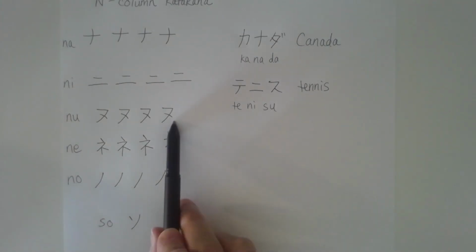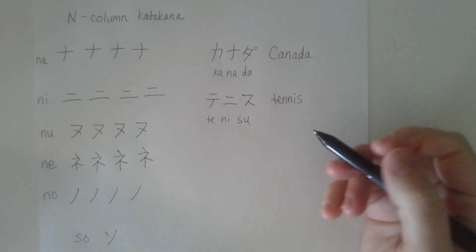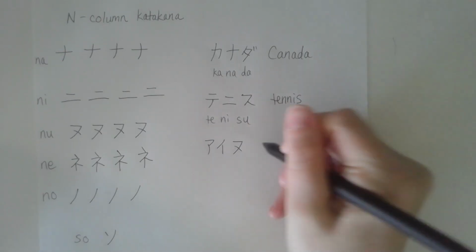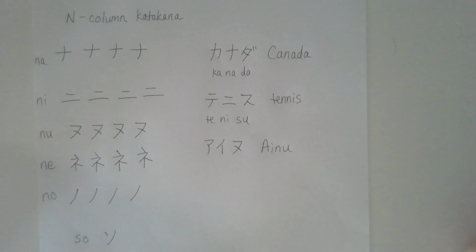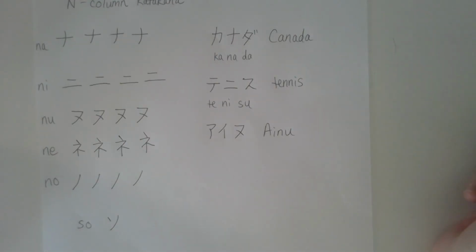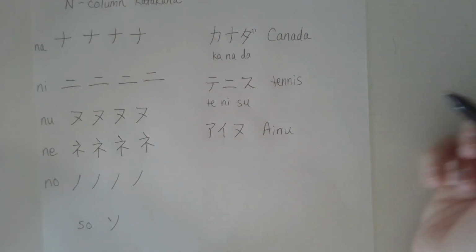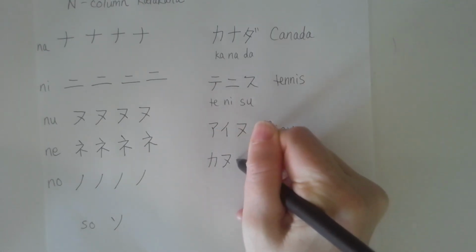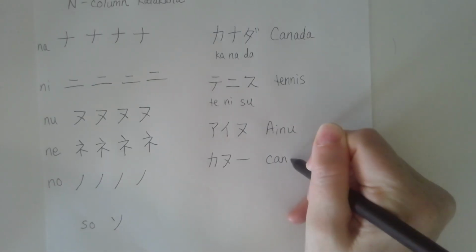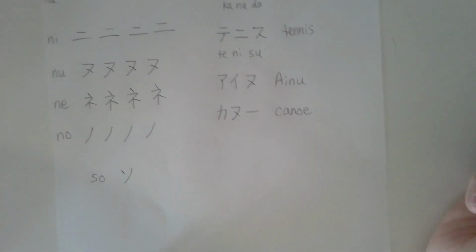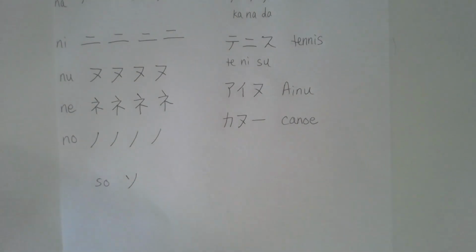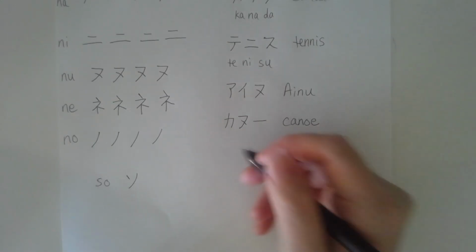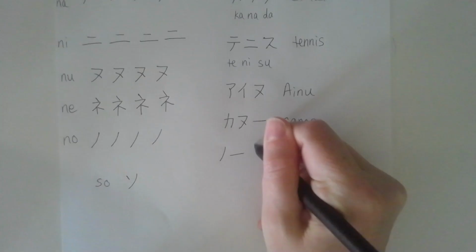For nu, we're going to do the word ainu, which means Ainu. And we're also going to do the word canoe, which is kanū. For no, we're going to do the word note, or noto.